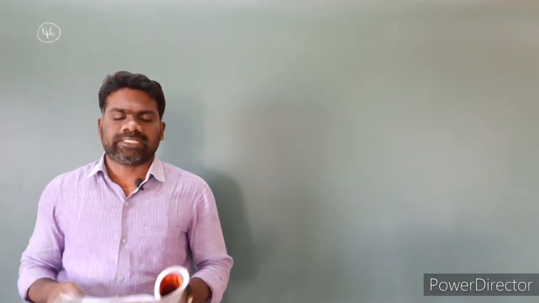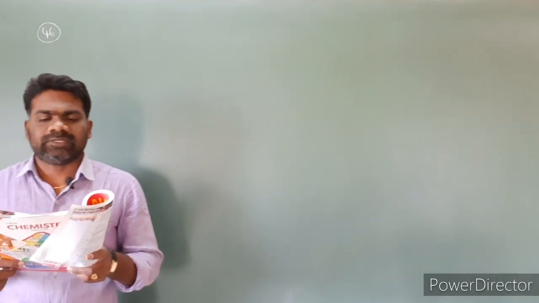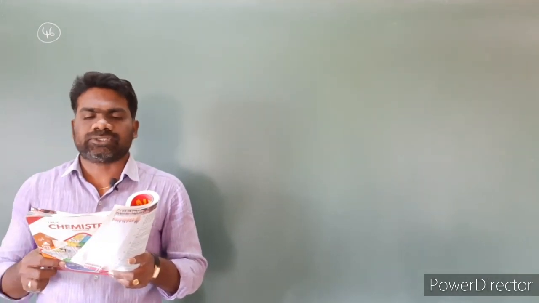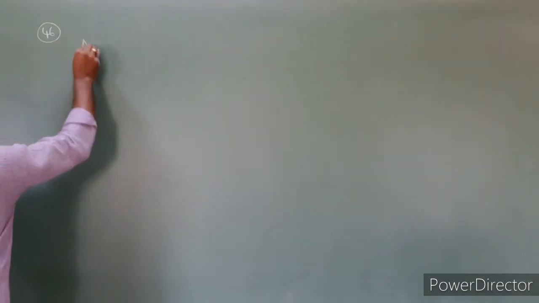Next question number 46. Look at the question number 46. In the process N2 plus 3H2 gives rise to 2NH3, the initial concentrations of nitrogen and hydrogen are 1 mole per liter and 3 mole per liter respectively. The equilibrium constant of the reaction is X. Then Kc for 2NH3 gives rise to N2 plus 3H2 is. First, let's write the equation.